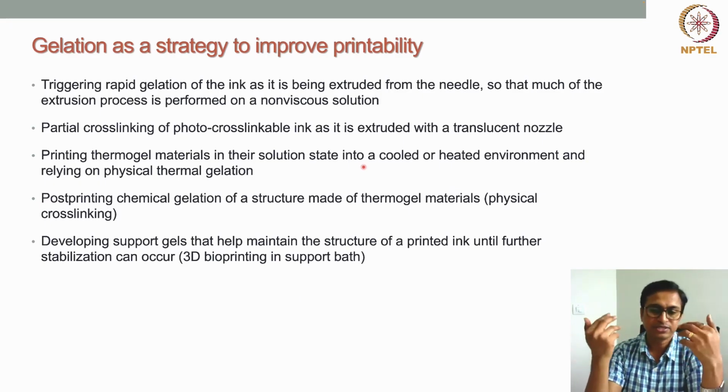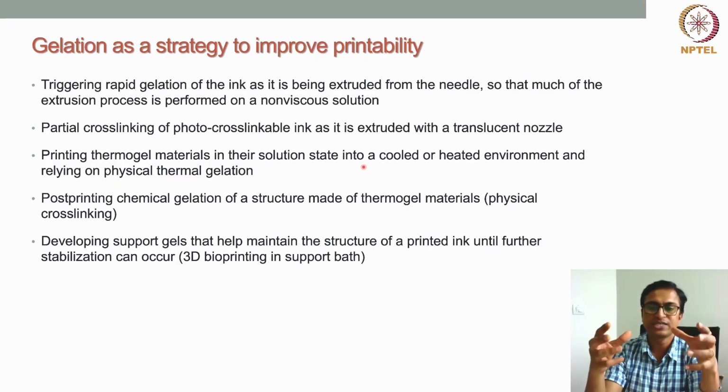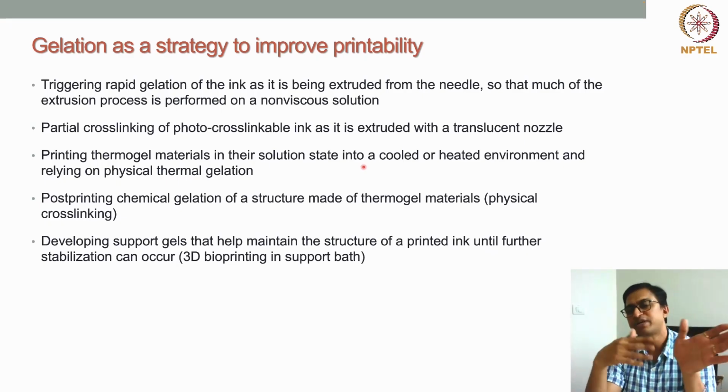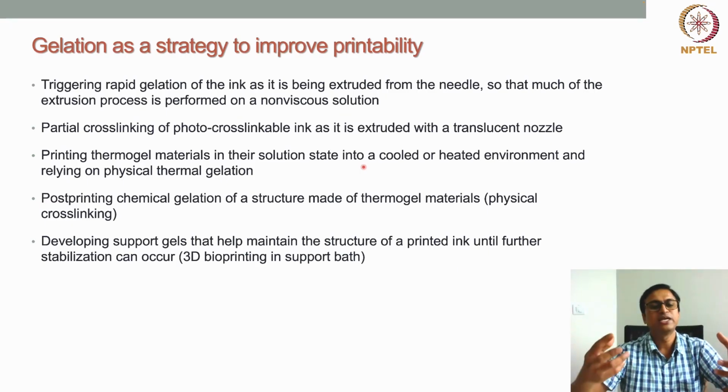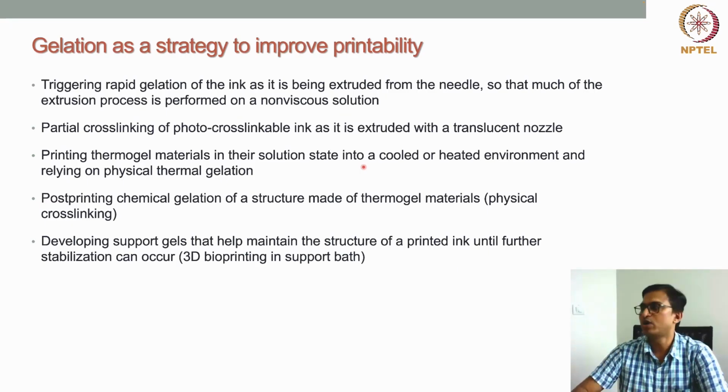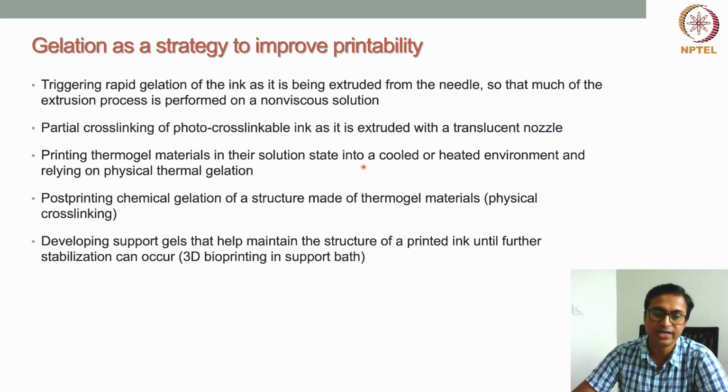After printing, when the gelatin melts away beyond a certain temperature, we get the alginate structure, which stays solidified due to the cross-linking of the alginate with the calcium ion.